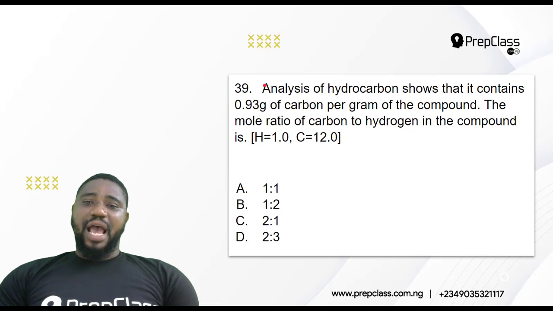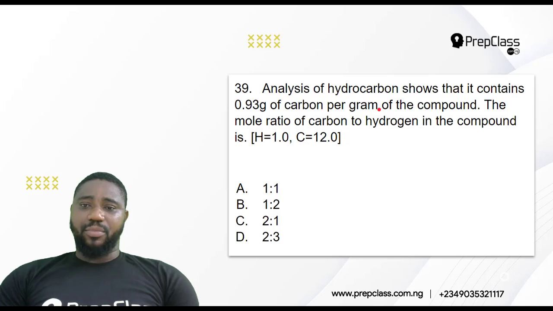39. Analysis of the hydrocarbon shows that it contains 0.93 gram of carbon per gram of the compound. Now, the mole ratio of the carbon to the hydrogen in the compound is, so they're asking us to find the mole ratio of carbon to hydrogen in the compound.